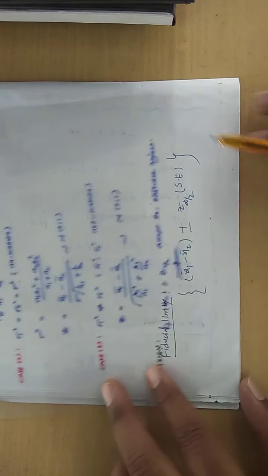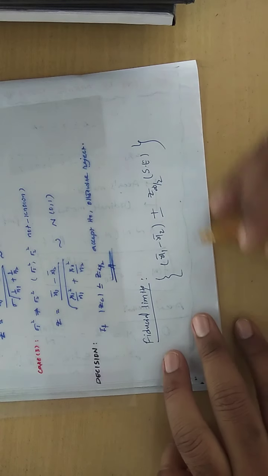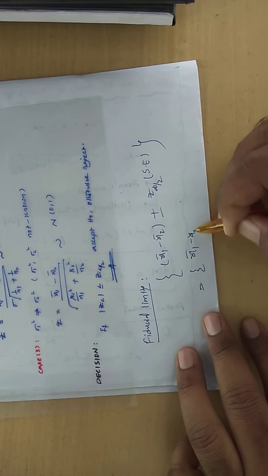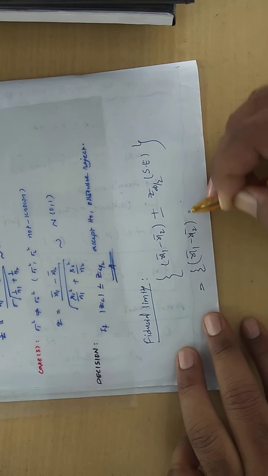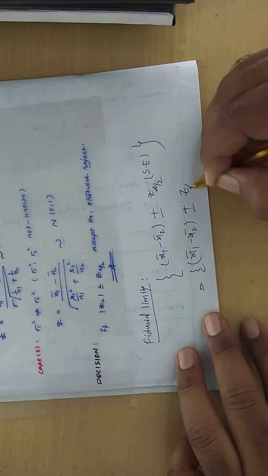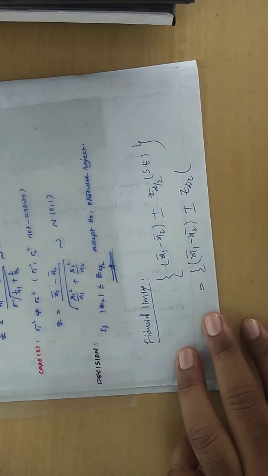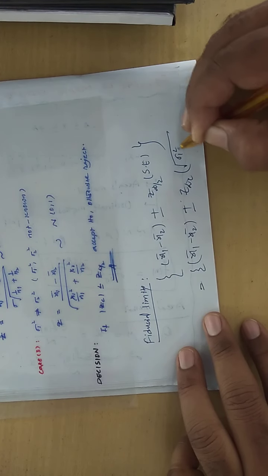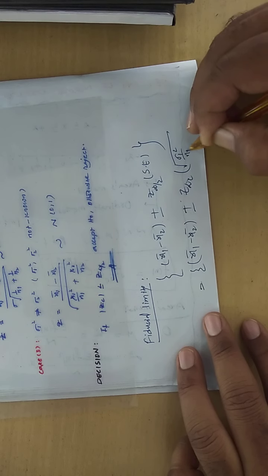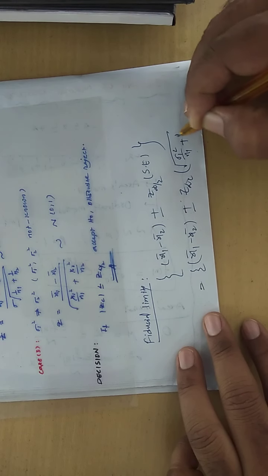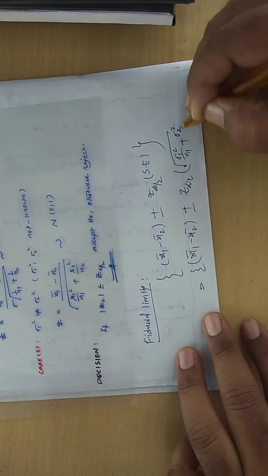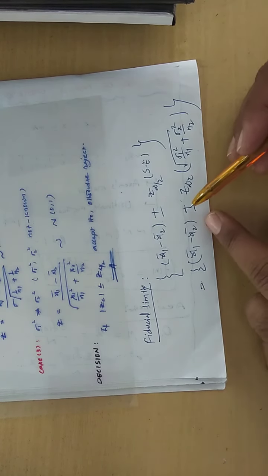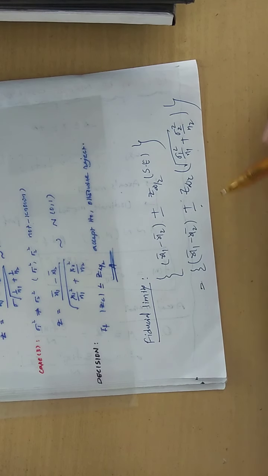Okay. So what is the denominator term for the first form? So it becomes x1 bar minus x2 bar plus or minus Z alpha by 2, under square root sigma 1 square by n1 plus sigma 2 square by n2. That's all. One time you add, one time you subtract.